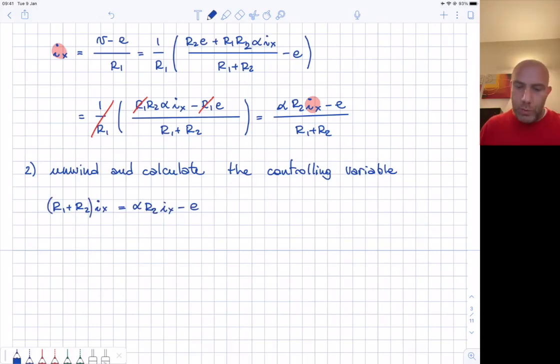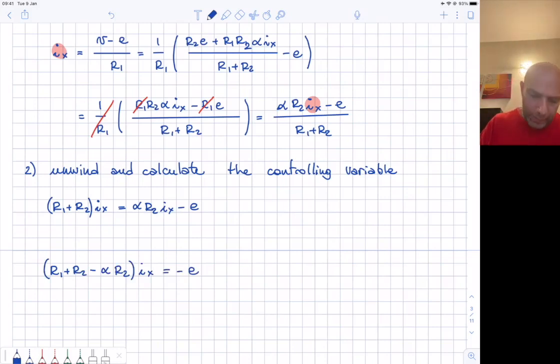Now, let's move the terms with Ix at the left-hand side. So we have (R1 + R2 − α R2) that multiplies Ix equals −E.